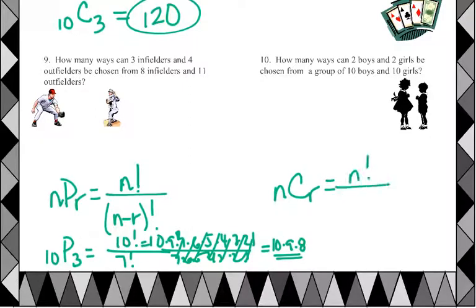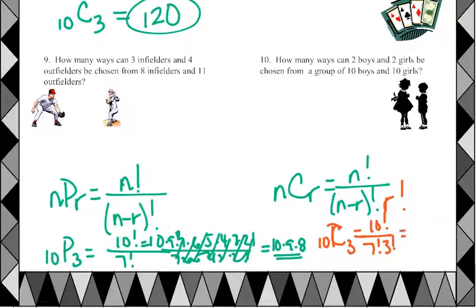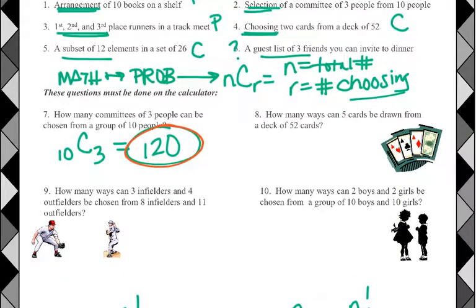nCr is almost the same formula, n factorial over (n minus r) factorial, but it has this extra r factorial. And that's basically dividing out the repeats, for lack of a better phrase. So if I had 10C3 and I used my formula, 10 factorial over 7 factorial times 3 factorial, well, I already know that 10 factorial over 7 factorial is 10 times 9 times 8, and then 3 factorial is 3 times 2 times 1. 3 goes into 9 3 times, 2 goes into 8 4 times, and that gives me this 120.